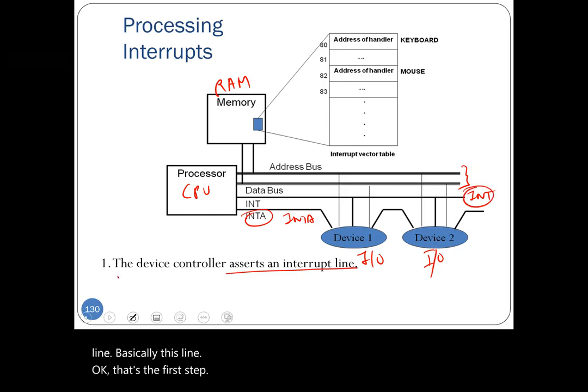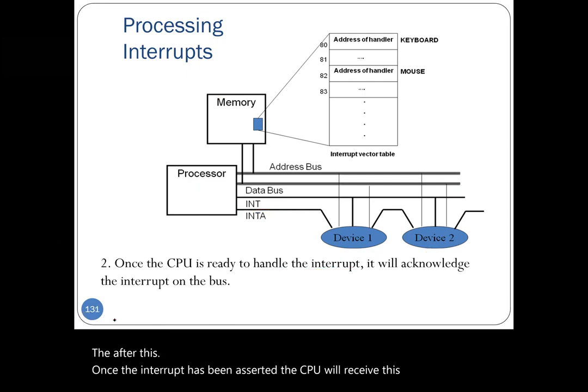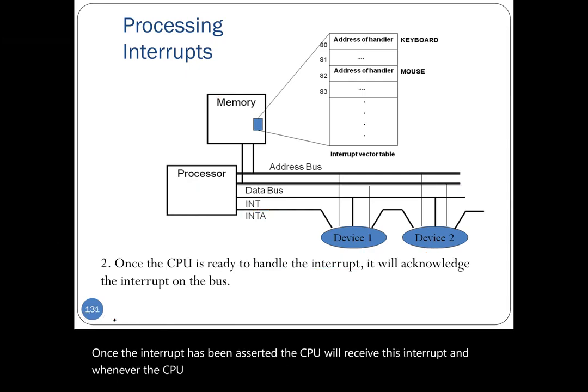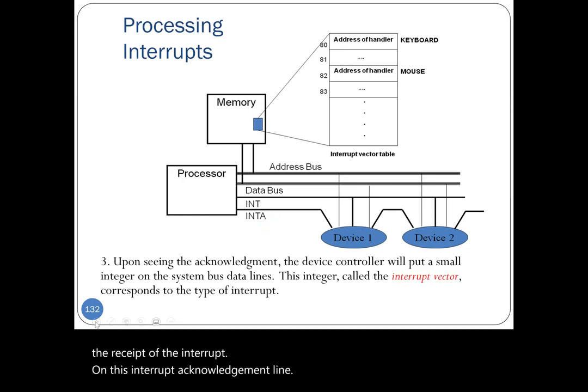After this, once the interrupt has been asserted, the CPU will receive this interrupt, and whenever the CPU is ready to handle or serve this interrupt, it will acknowledge the receipt of the interrupt on this interrupt acknowledgement line. So that's the second step.